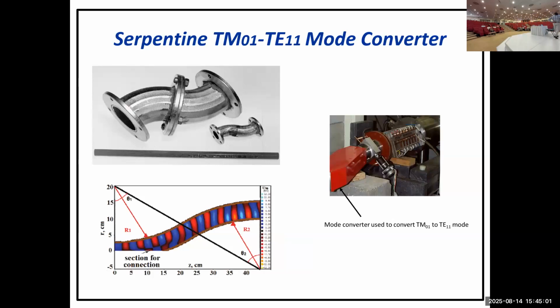So the mode of operation is higher order mode TM01 or TM03. TM01 has the energy and power concentrated in a donut shape, has a null. TM03, there are 3 rings. TM02 has 2 rings of energy concentration.